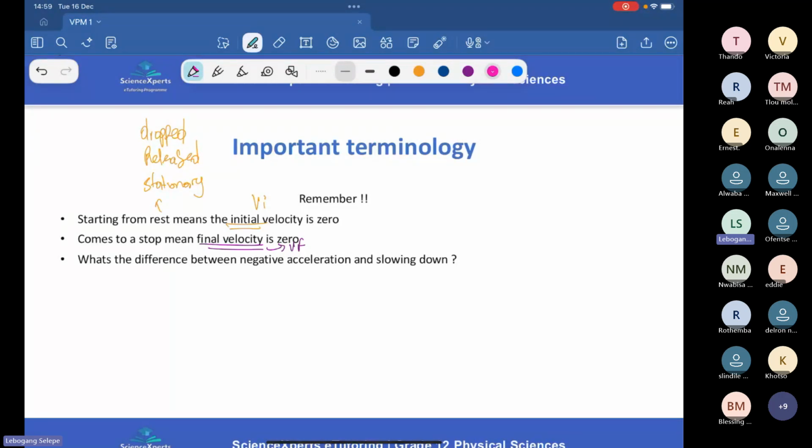Remember, the direction of an object's acceleration is in the direction of the net force. Do you all agree? Please give me thumbs up if you agree that the direction of an object's acceleration is in the direction of the net force.